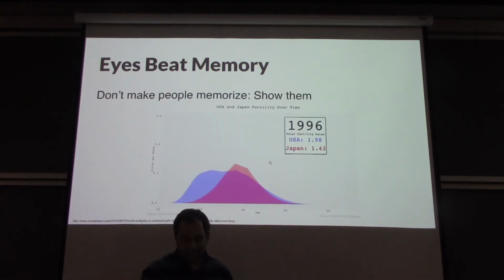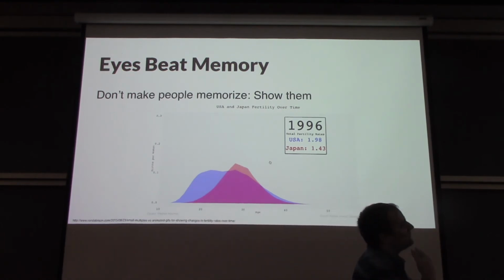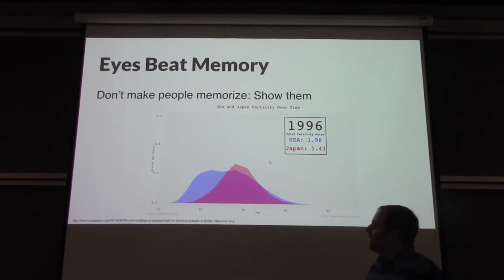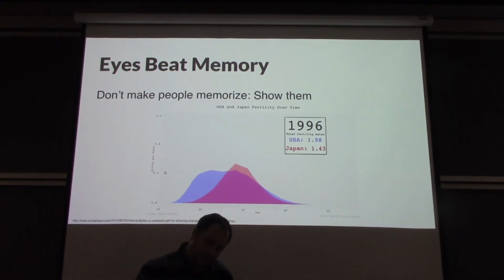Here is a chart, and this is a temporal chart about fertility rates, comparing the United States and Japan. On the y-axis we have the births per woman, and on the x-axis we have the age.